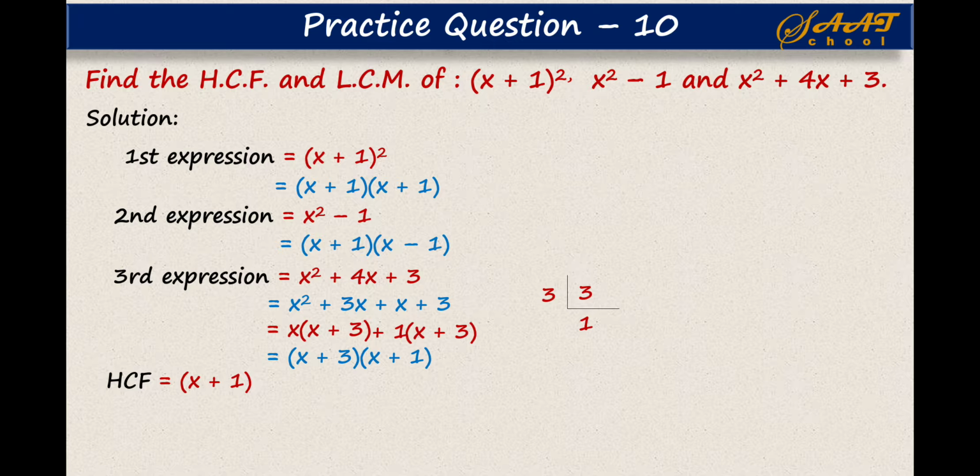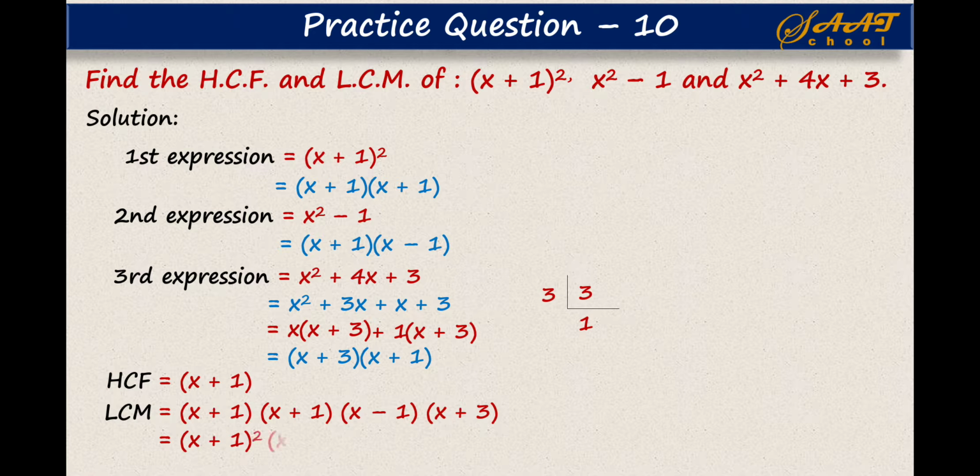The remaining factor in the second expression is x minus 1, and the remaining factor in the third expression is x plus 3. So the LCM is x plus 1, the common factor, and all remaining factors. Now this can be written as (x plus 1) whole square, (x minus 1), and (x plus 3). So this is the HCF and LCM.